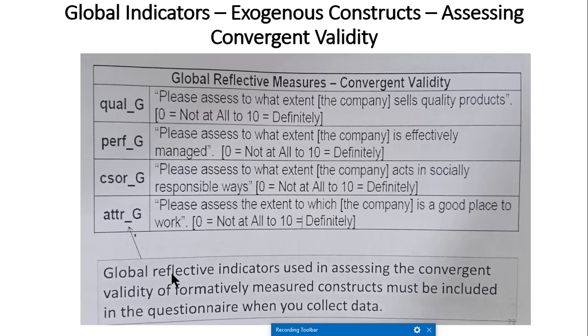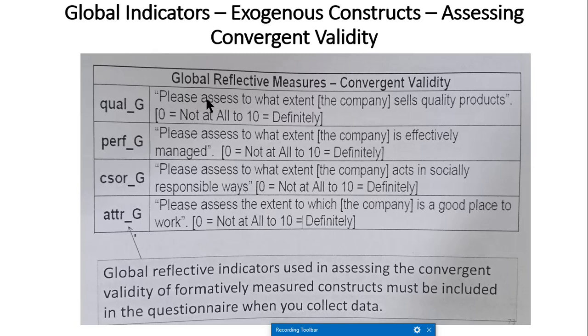This is only achieved by correlating each formative construct with a global measure, the global reflective measure. The global reflective indicator used in assessing the convergent validity of formatively measured constructs must be included in your questionnaire when you collect data.